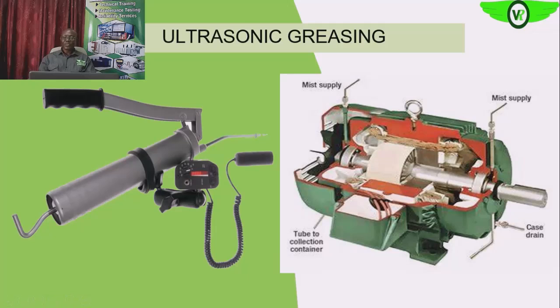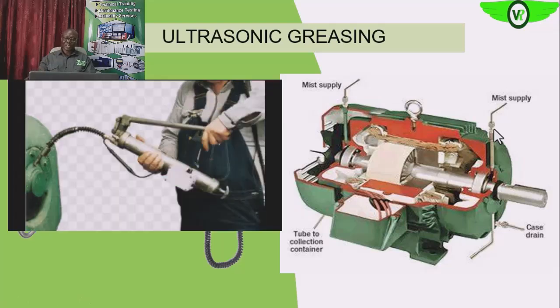Usually, the normal practice, or what we used to practice in the field, is that when we go to grease with our greasing gun, when we connect it to this greasing nipple, we start pumping the grease into the bearing housing.